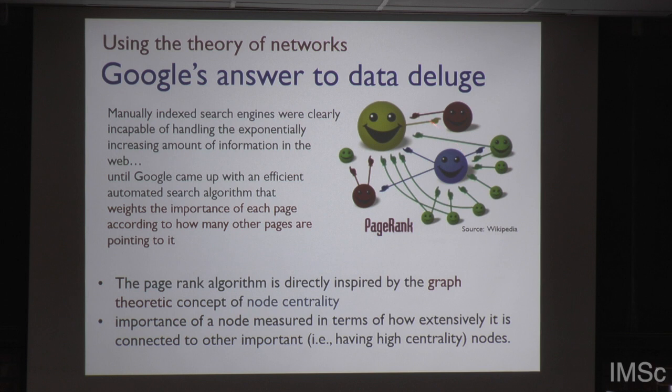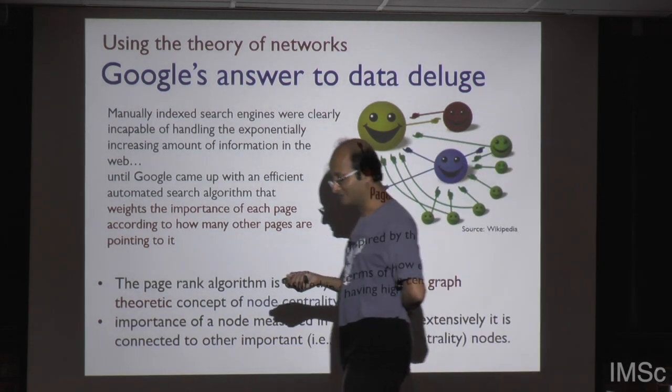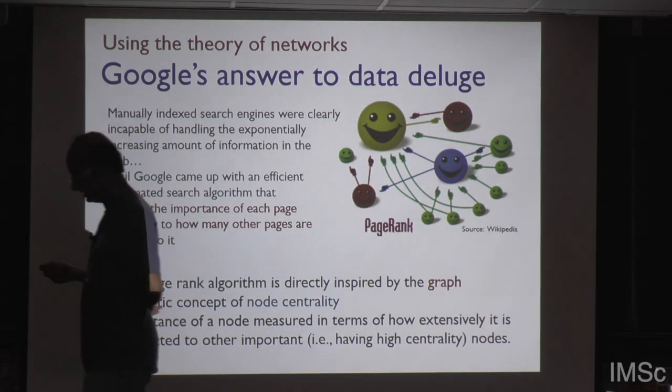So this particular algorithm was in fact motivated by graph theory or network science using this concept of node centrality. Okay? So the concept of centrality, of course, has many definitions. There are many different types of centrality depending upon how you define it.